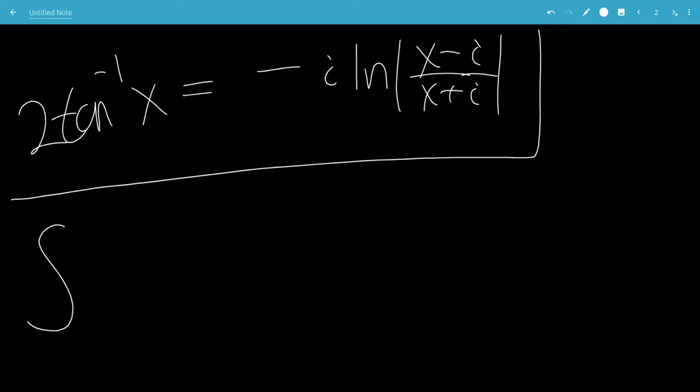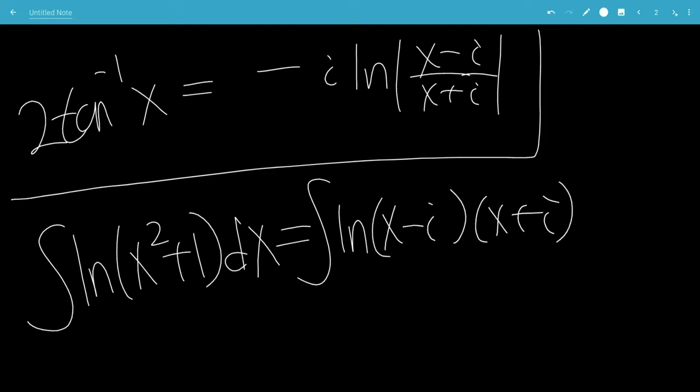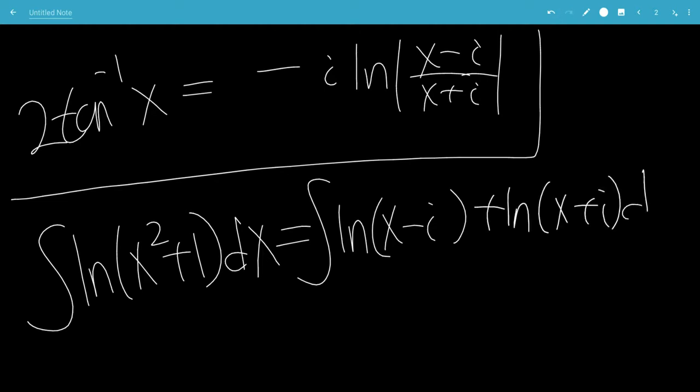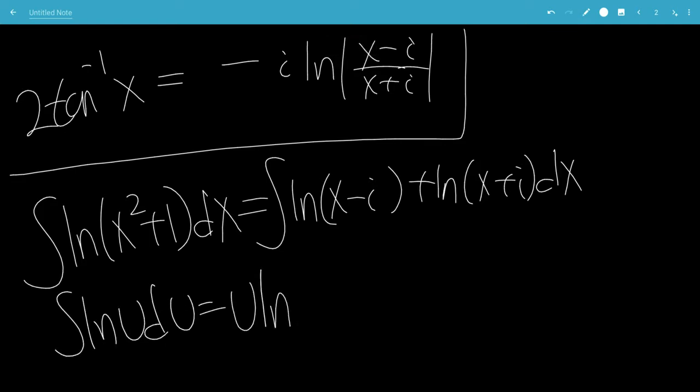So the integral of ln of x squared plus 1, you can write it the same way, basically x minus i, x plus i, but we're dealing with natural logs, so we can split those up. So plus ln of x plus i. And we also know that the integral of ln of u is u ln u minus u.